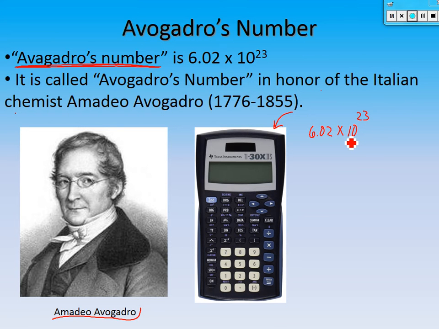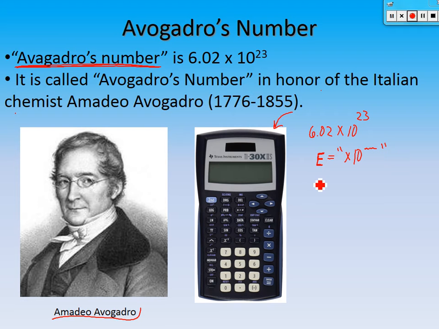So when I put 6.02 times 10 to the 23rd particles, I don't know if you remember at the beginning of the year, I taught you this big E button. I call it the big E button. Okay? And what the big E button does, it's a shortcut. It means something. It means literally times 10 to the something. Okay, that's what E means.